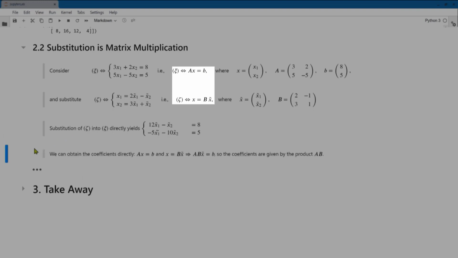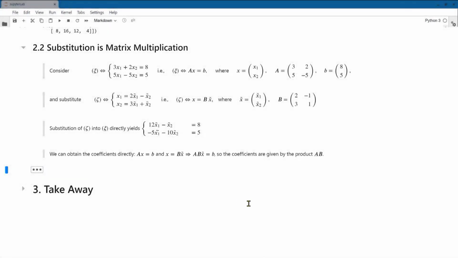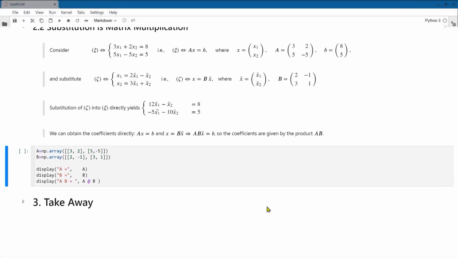And when I write that out, I get that A times B times x tilde is equal to B, and we already know that with matrix multiplication, we can group either way, and so we can group this as A times B times the vector x tilde. And when we check, indeed, that multiplication works out exactly as before.